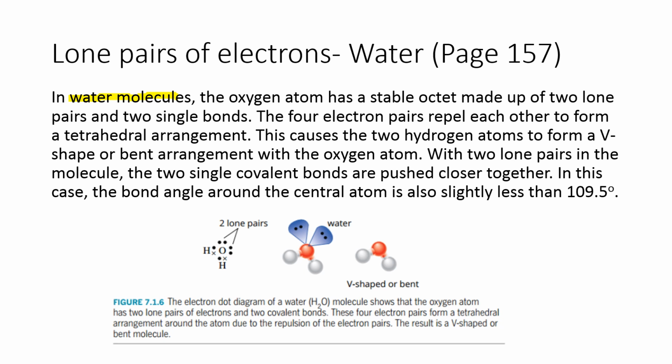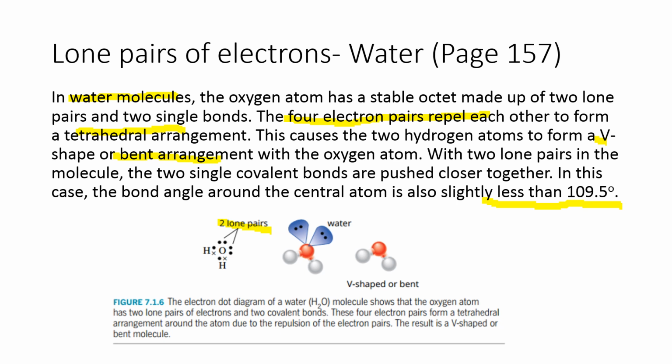So how this works here is that the lone pair electrons and the electrons that have been bonded, they do repel one another, they do repel each other, it forms a tetrahedral arrangement. But because it has 2 lone pair electrons, what you get here is a V shape or the bent shape as stated here, and eventually the bond angle that you have between the hydrogen is less than 109.5 as well.